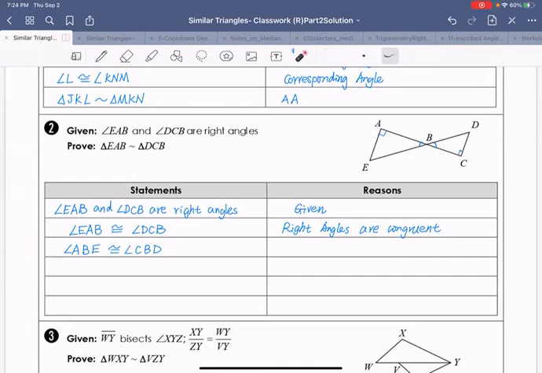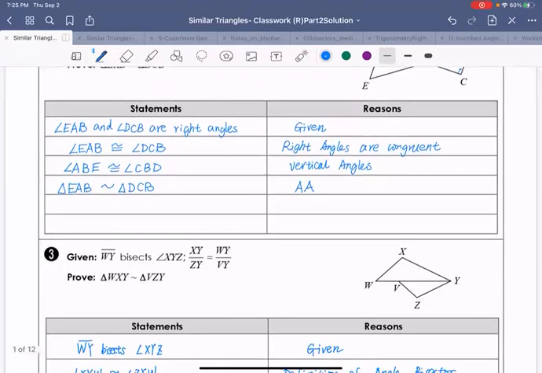Next. Because vertical angle. Okay. Last one. And then triangle EAB is similar to triangle DCB because of AA. Yes, you made it. Good job.